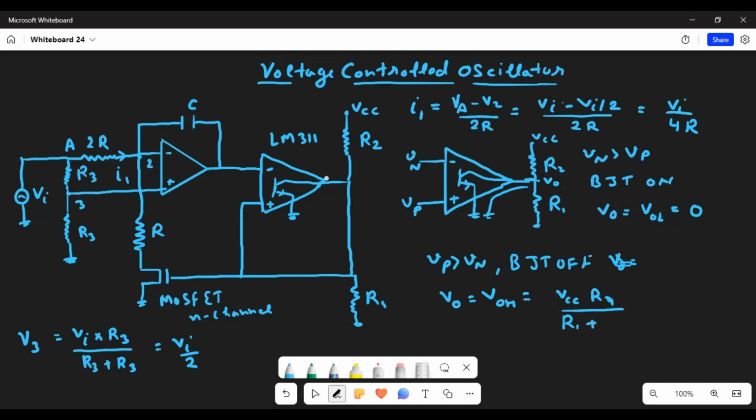These are the two voltage levels that it will generate at the output. The output will be triangular in shape, so we call it VTR, and the output at the second op-amp will be a square wave, so we call it VSQ.